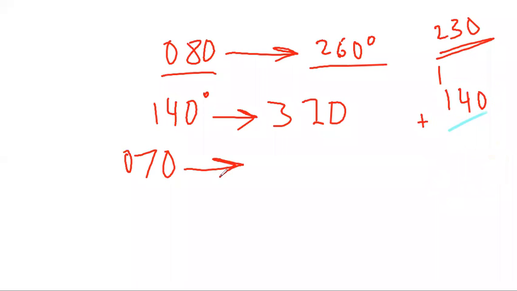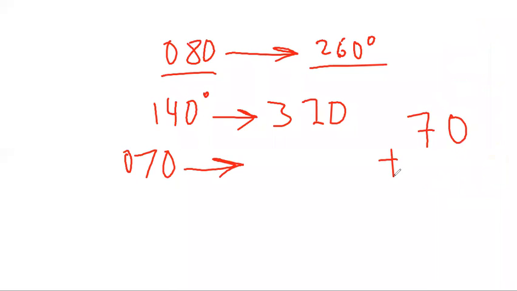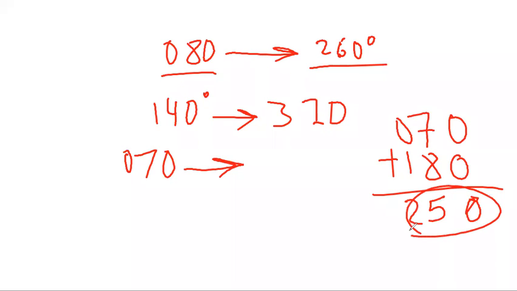Less than 180. So what we will do with it? We're gonna add. Excellent. So I'll take 70 and I'll add 180. So 0 plus 0 equals 0, 7 plus 8 equals 15, and carry 1. So it will be 250 degrees.